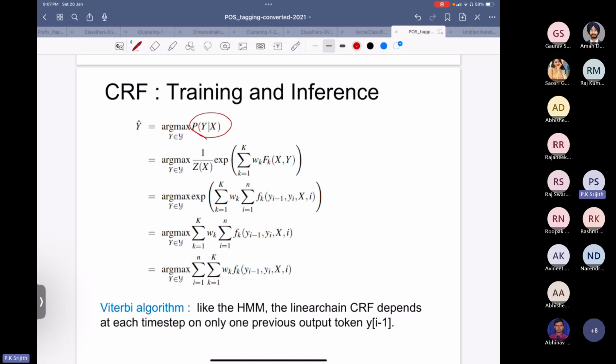As far as inference is concerned, at inference time you can possibly ignore the denominator that you have, and you may need to perform this argmax over the numerator term that you have. The numerator term, we can write in a form like this.